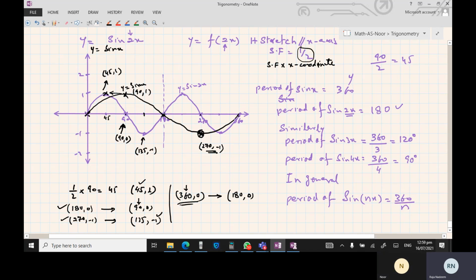Finally 360 and 0, multiplied with the stretch factor 1 by 2, you get 180. So this graph becomes one cycle of sine of 2x.